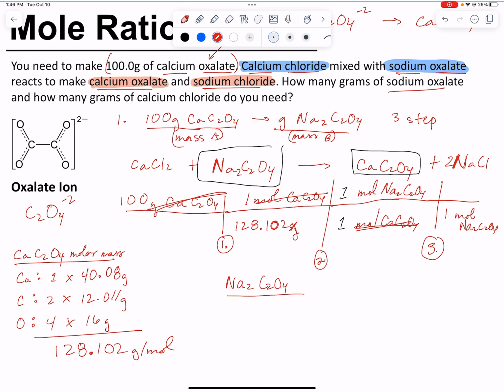Na2C2O4. This is quite a long problem, huh? Sodium weighs 22.98, and we have 2 of them, so 2 times that is for sodium. Carbon, we know, is 2 times the 12.011, and oxygen is the 4 times 16.